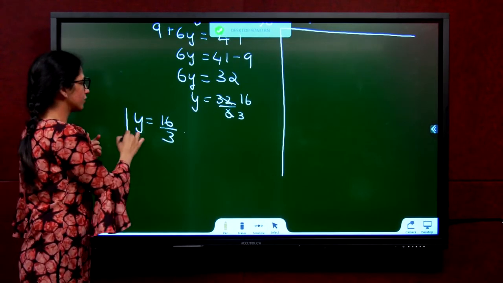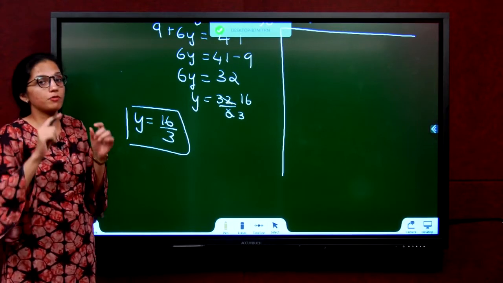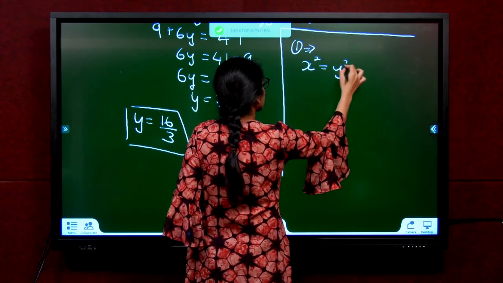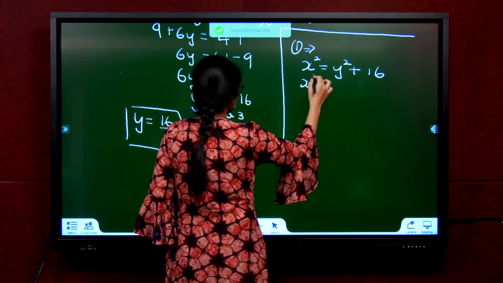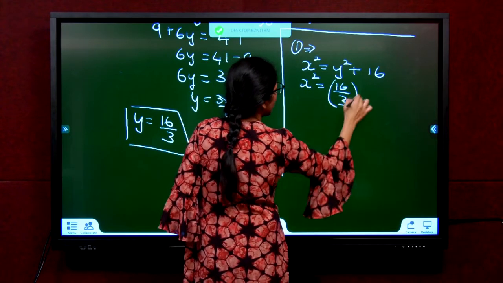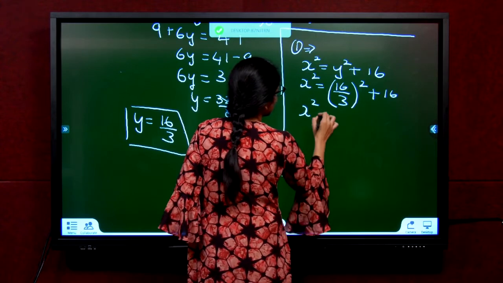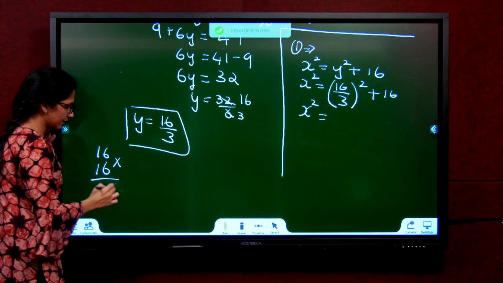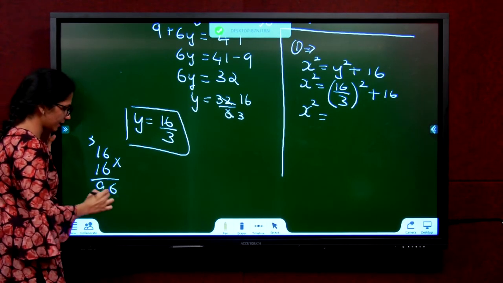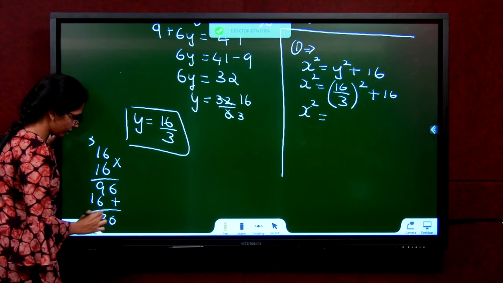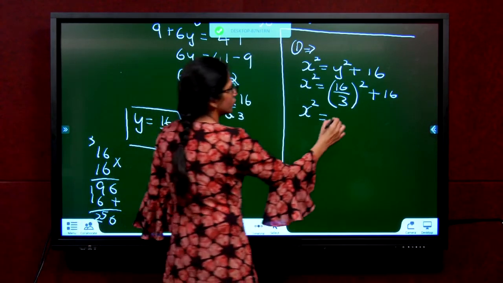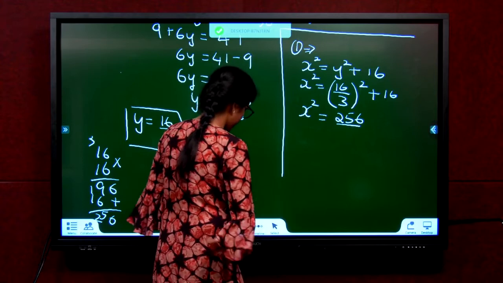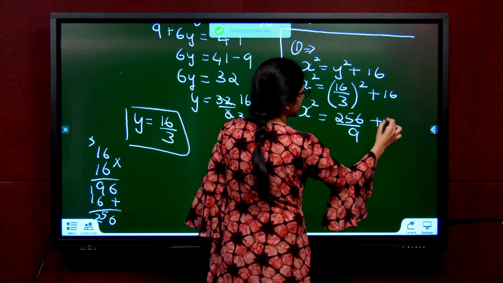So we now got Y is equal to 16 by 3, but we want X, we don't want Y, we want TP. From equation 1, what do we know? X square is equal to Y square plus 16. X square is equal to 16 by 3 the whole square plus 16. X square is equal to 16 the whole square, 16 into 16 is 256, by 3 square, which is again 9, plus 16.